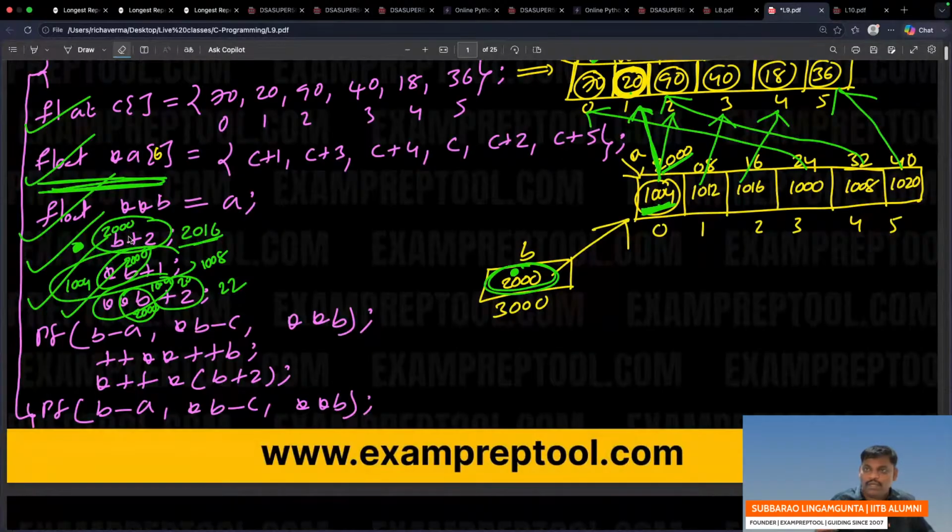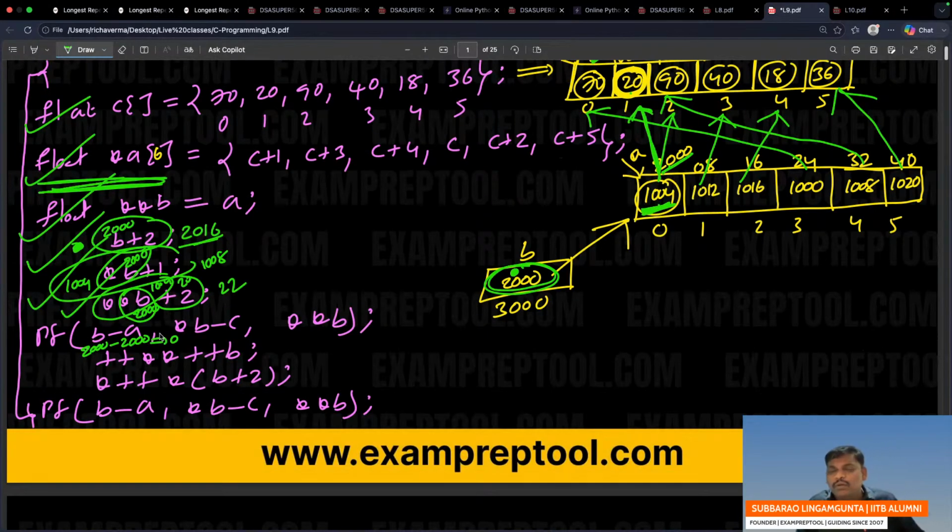Can you see the first printf? B is a variable, so inside, B is 2000. A is also 2000. 2000 minus 2000 is 0.